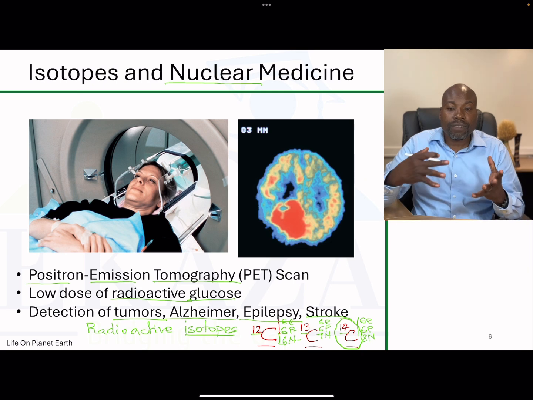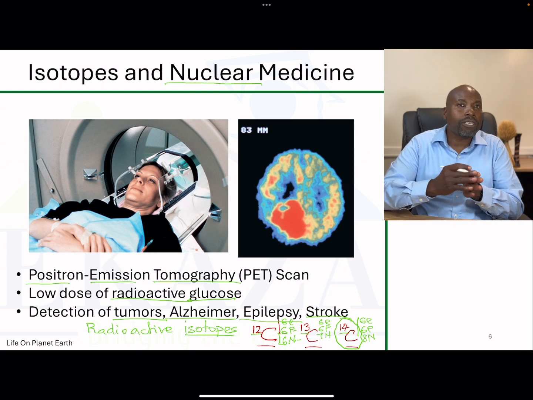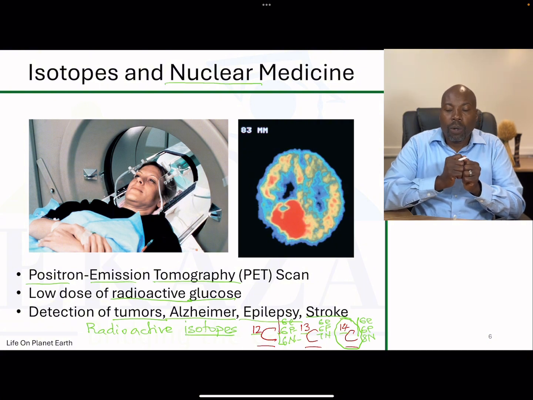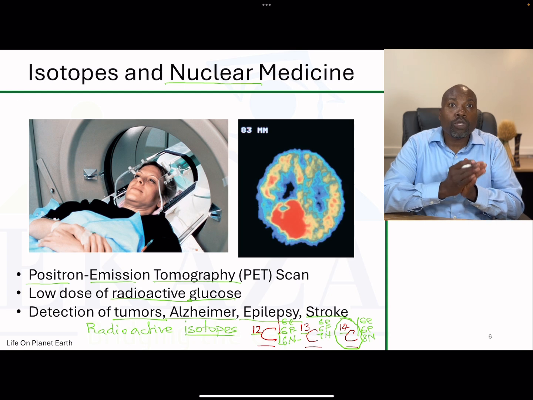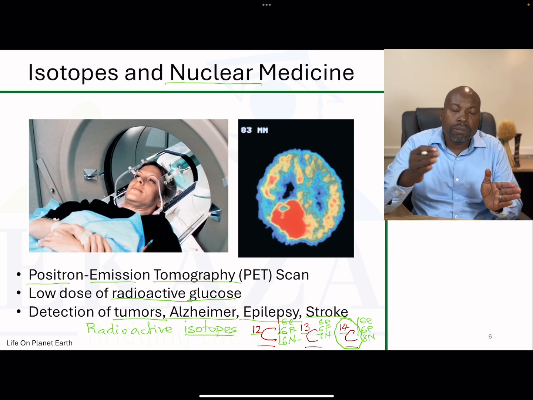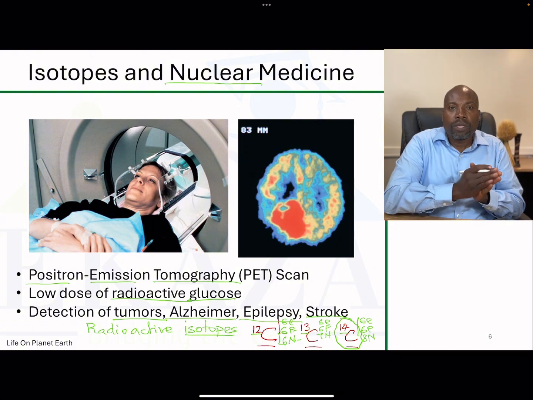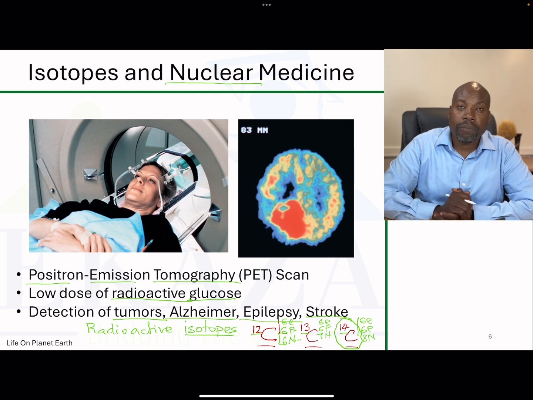By doing this, we can follow which area of the body or a particular organ is interacting with the isotope element, and we can also follow the patient over a certain period of time, over many years, to see if the condition is evolving over time or not.